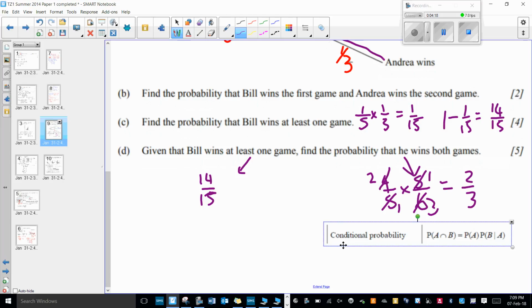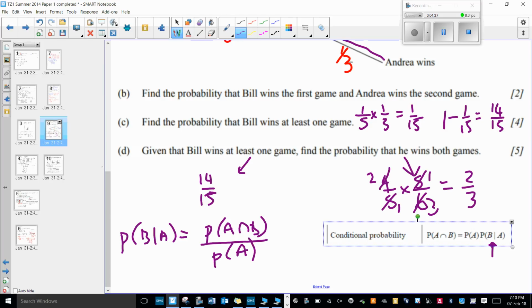So I know that the probability of B given A would be the probability of A and B over the probability of A. So what we do now is we need to compare our events A and B. So in our case, the probability that Bill wins at least one game is event A, because it's given that. Okay, the probability he wins both games would be considered event B.